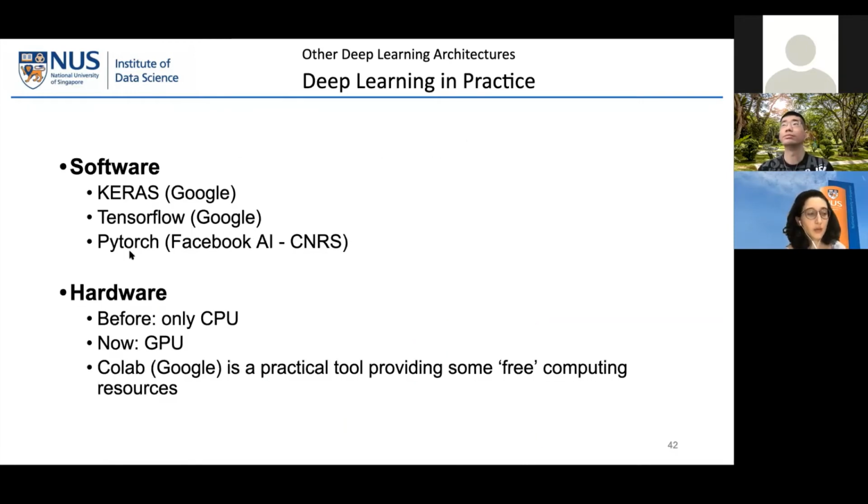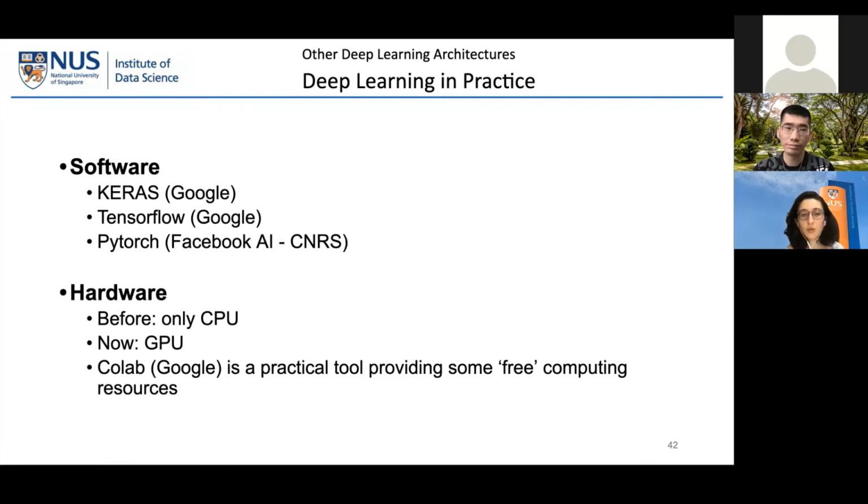Okay, and to end with, the last thing for my presentation is deep learning in practice. Let's see that there are a lot of softwares. For MLP, for the tutorial, I think we'll stick with scikit-learn because there is a multi-layer perceptron in scikit-learn.